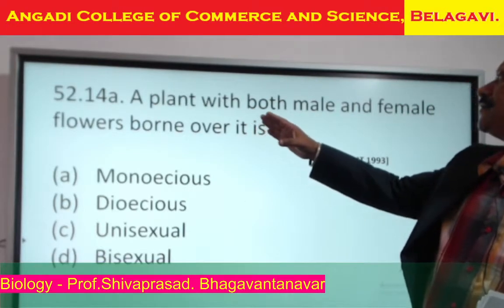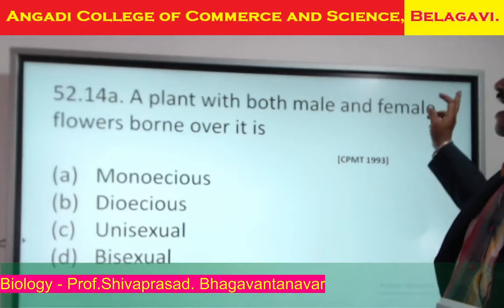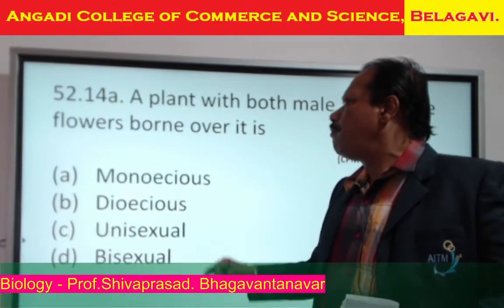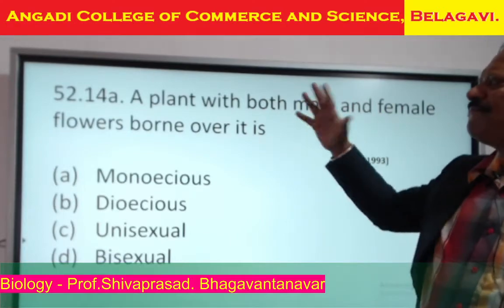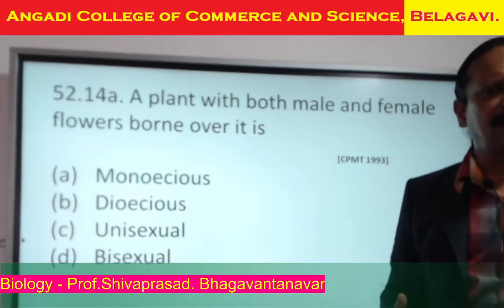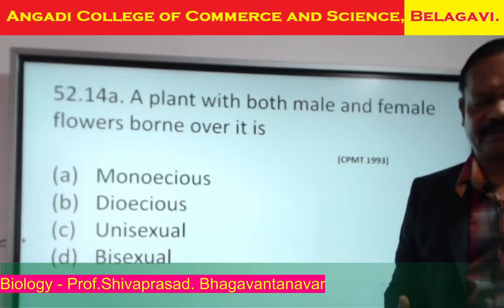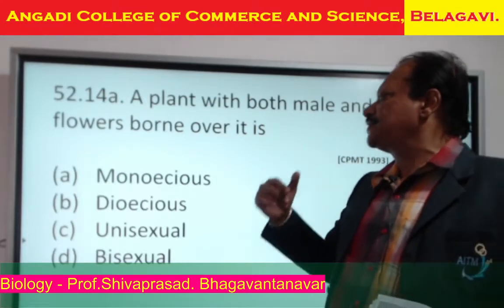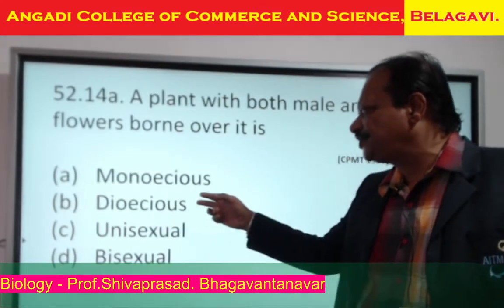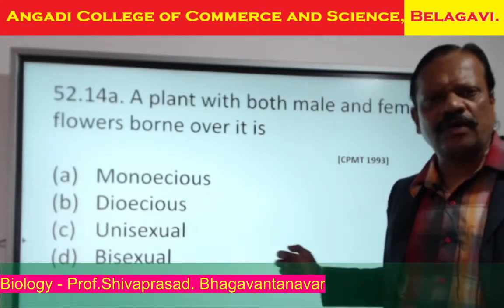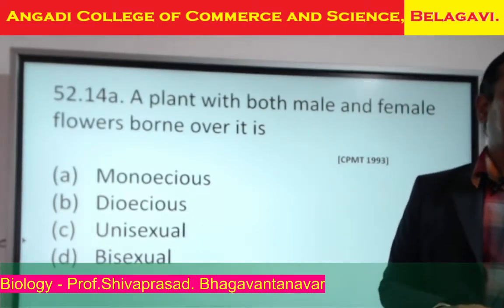A plant with both male and female flowers born over it. Here, in a plant, both male and female flowers are taking birth. Then it is called monoecious, dioecious, unisexual, bisexual.